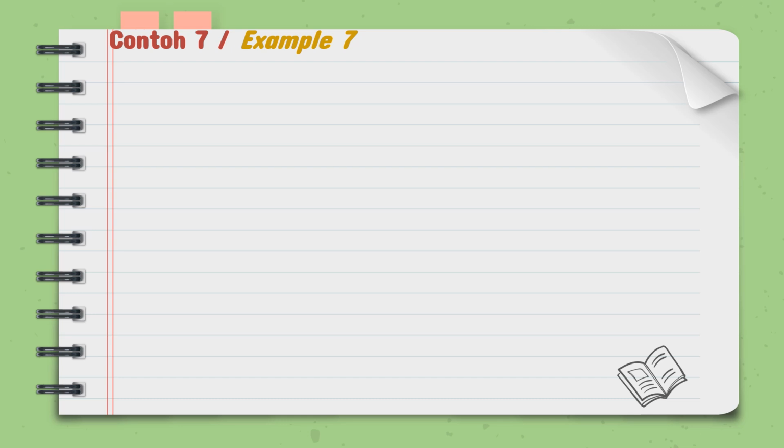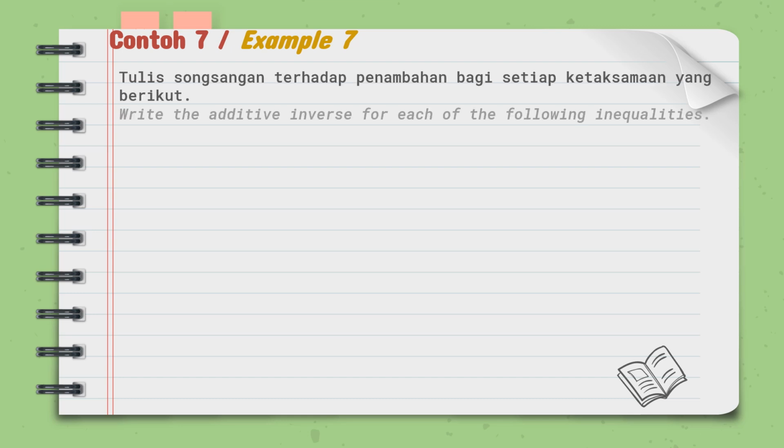Let us look at example 7. Write the additive inverse for each of the following inequalities. When you have 2 which is less than 5, you multiply both sides by negative 1 for the additive inverse, so the symbol must be changed. Here you have negative 2 greater than negative 5. The second one, negative 5 is less than negative 1.